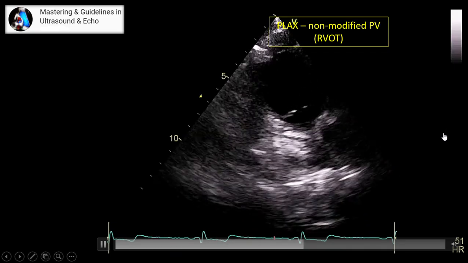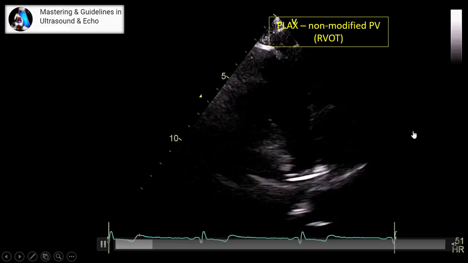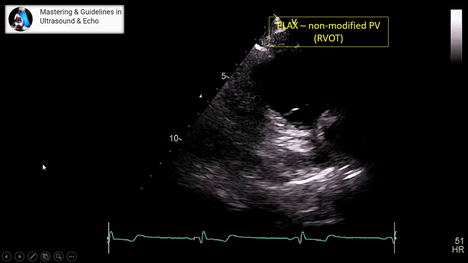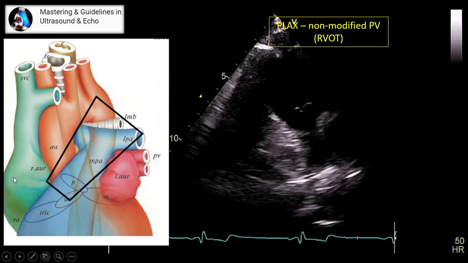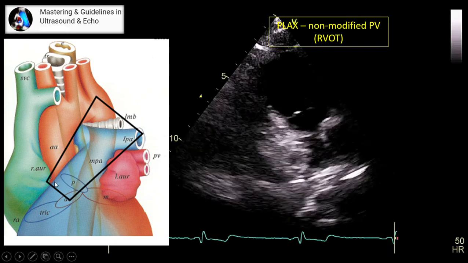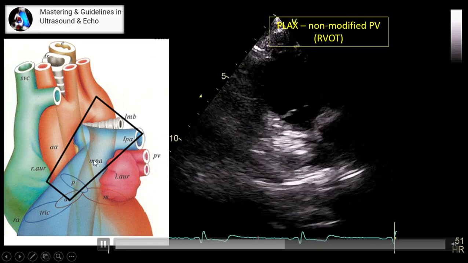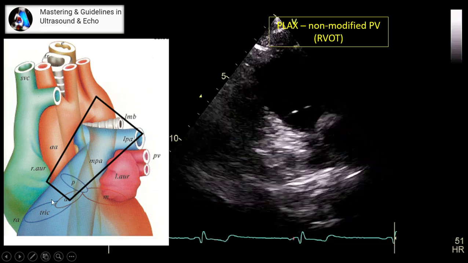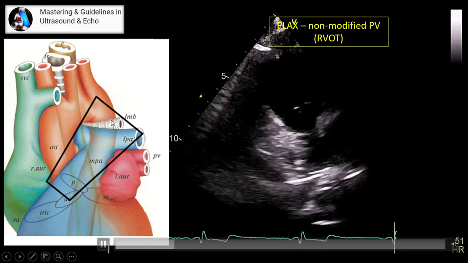In any of those views that we get for the pulmonary valve, we put color on it. Here we have the schematic of the image that we get in non-modified pulmonary valve on PLAX. We just fan to the left of the patient, and we cut the ultrasound plane, the wave passes through this line.